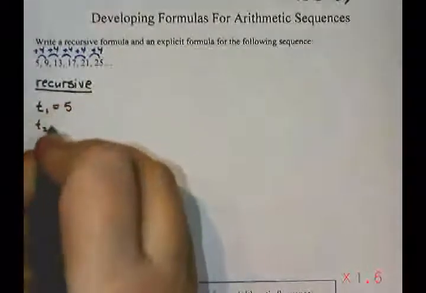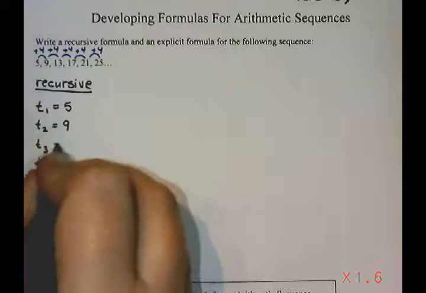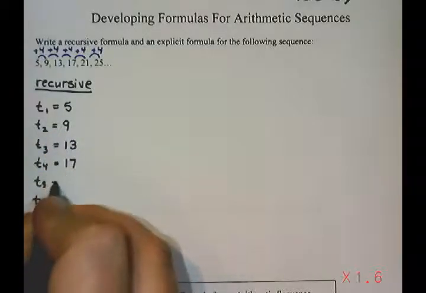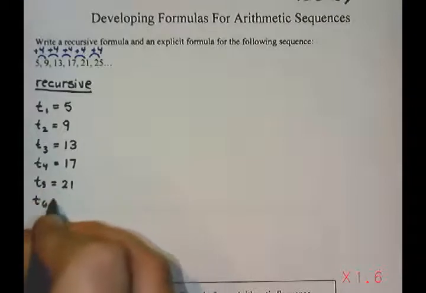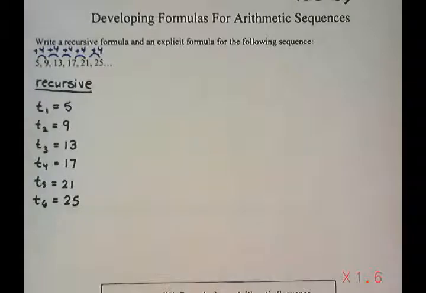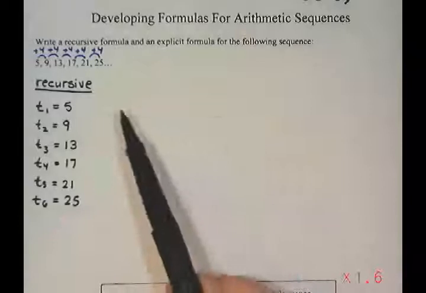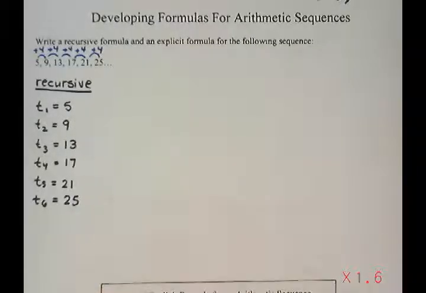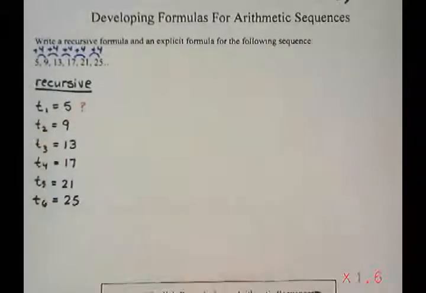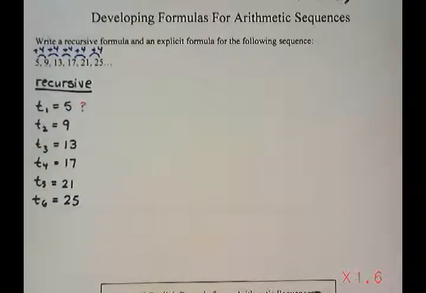Now I know that term 1 is 5, term 2 is 9, term 3 is 13, term 4 is 17, term 5 is 21, and term 6 is 25. And what I want to do is look at how I came up with these numbers. So the first number 5, I actually have no idea where that first number came from. It's just the number where we've started our pattern.